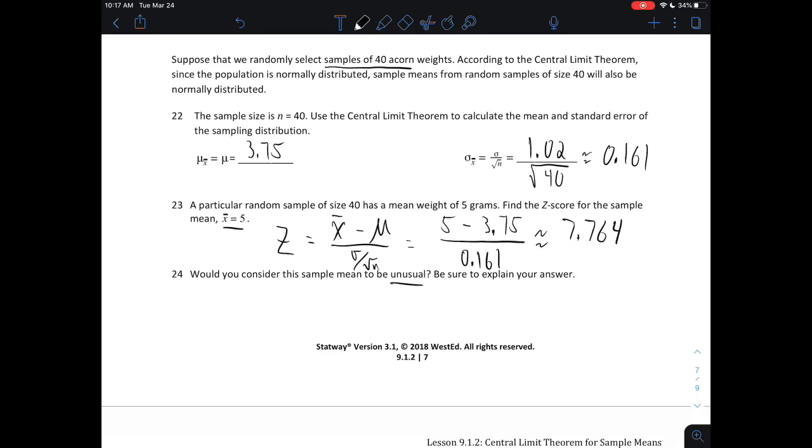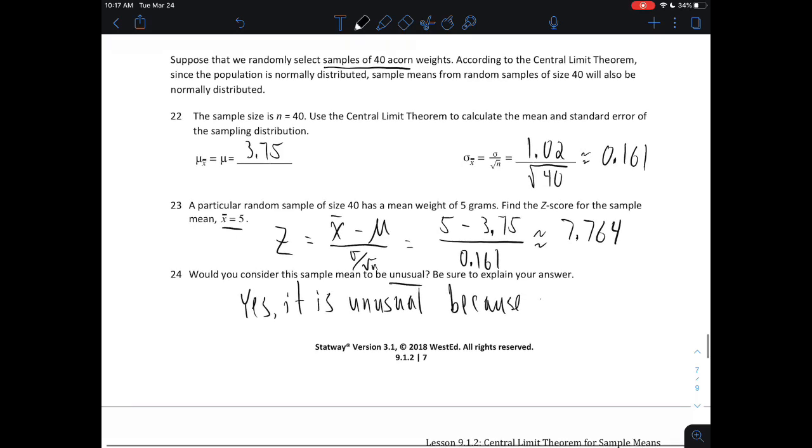So it is outside of that usual range. So we would say, yes, it is unusual because it is not between -2 and 2.